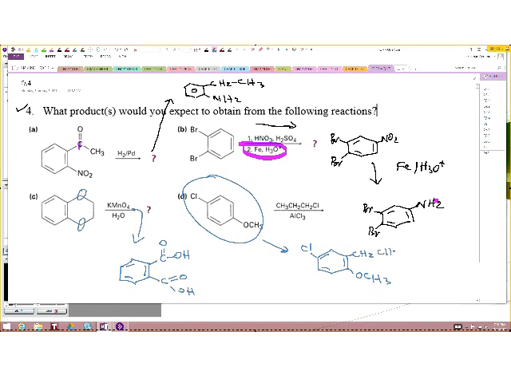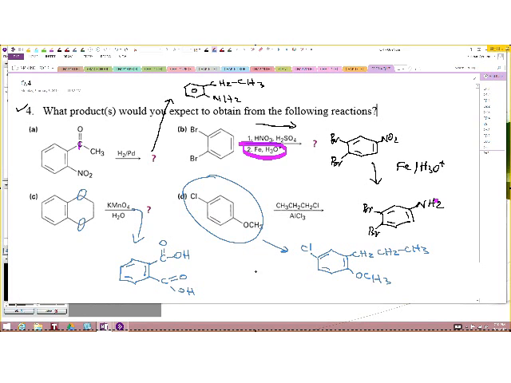Now, is that the only product you expect to get here? Would that be the only product? Indeed, that might even be the minor product. What do you think? Isopropyl, exactly. Because keep in mind, when you perform the Friedel-Crafts alkylation, you go through the formation of a carbocation intermediate. And anytime you go through the carbocation intermediate, carbocations are prone to rearrangement.